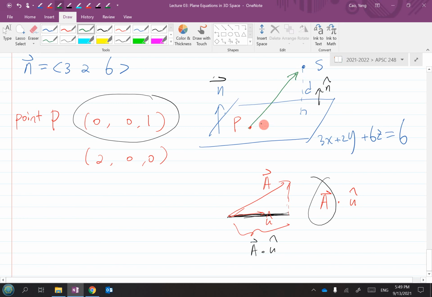Now you can see geometrically, you have PS here, you have N here, and PS dot N hat gives you exactly the D. This whole question becomes so simple.